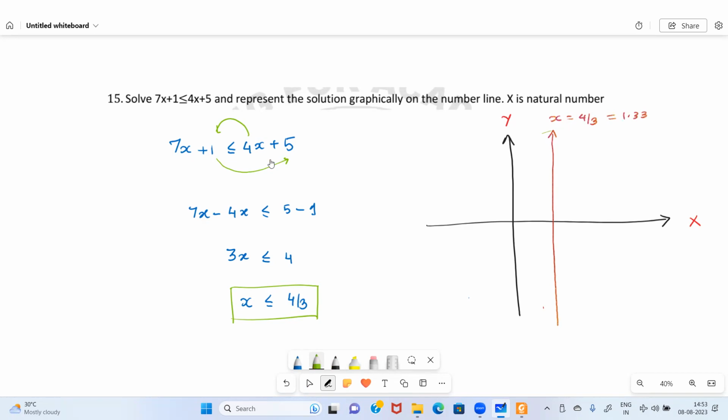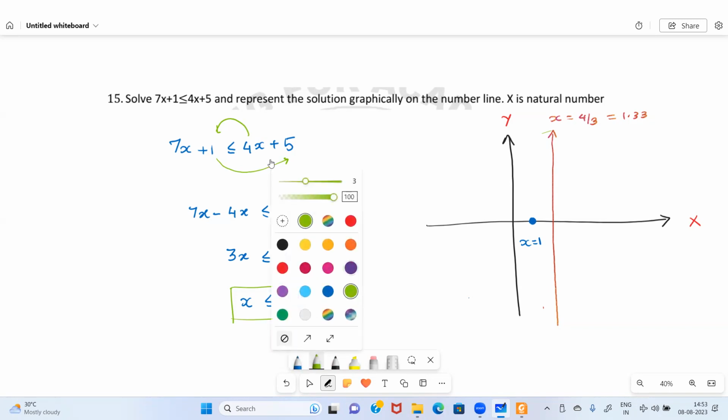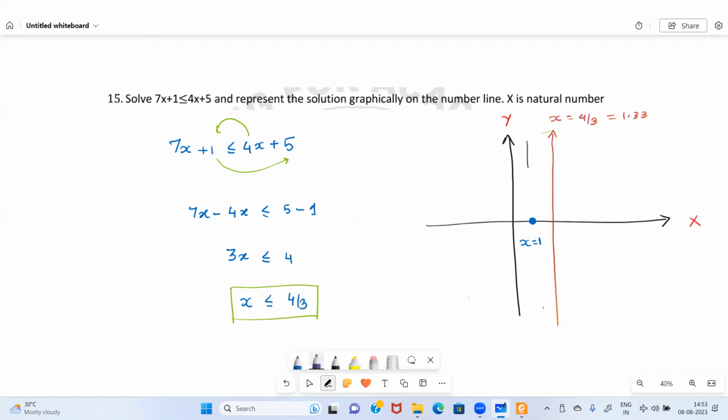Now, one more information that is given is, x is a natural number. There is only one natural number which is less than 1.33. And what is that, students? X is equal to 1. Clear, students? Because when it is a natural number, it can either be what? Either it can represent the line x equal to 1, or it can represent the line x equal to 2, or it can represent the line x equal to 3, and so on.